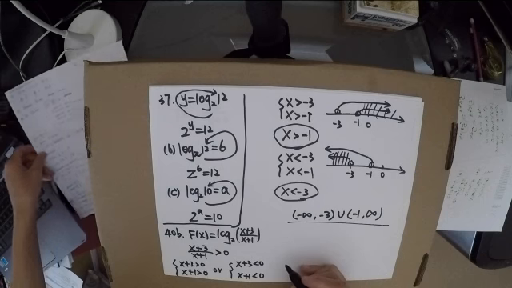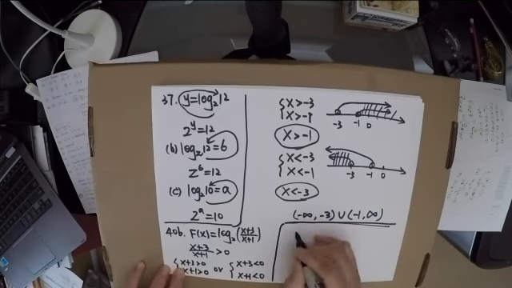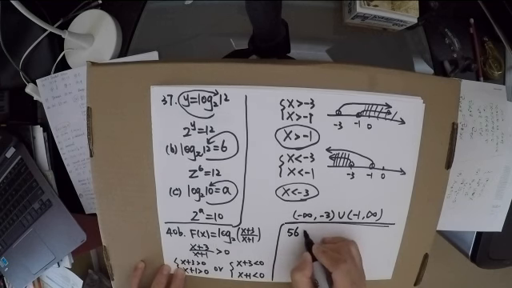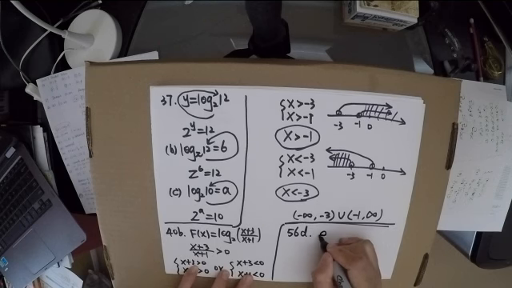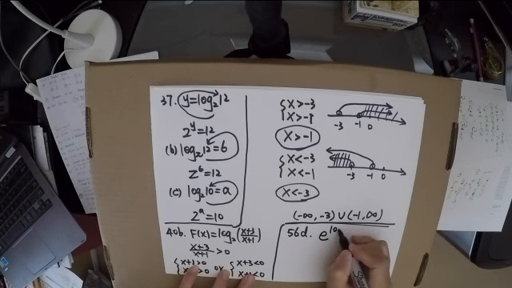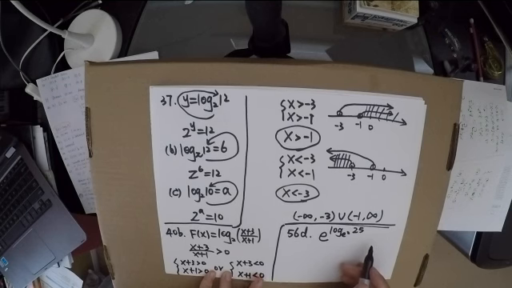So the next question I want to talk about is question 56, part D. We were asked to simplify e to the log base e squared of 25.